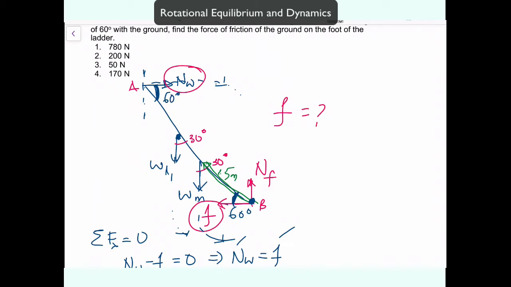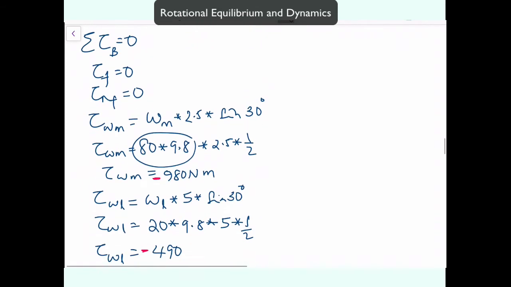The lever arm for NW is going to be the distance from point B the whole way up to here, that is 10 meters.